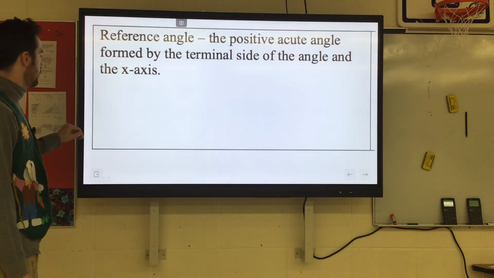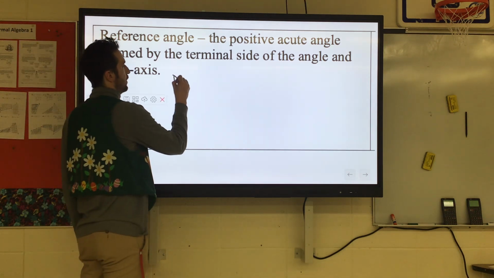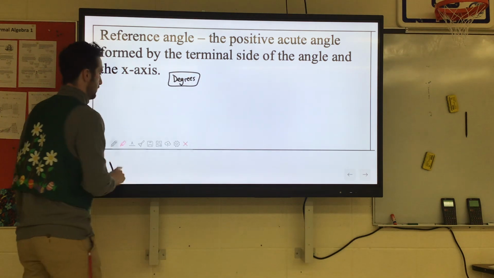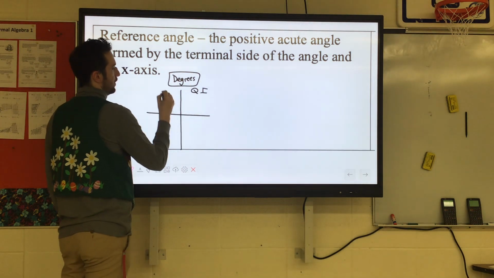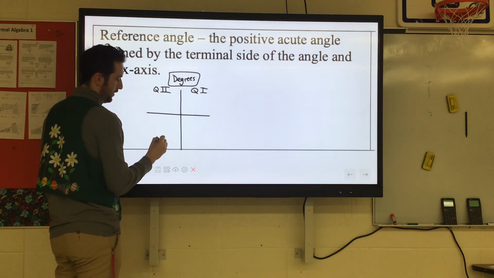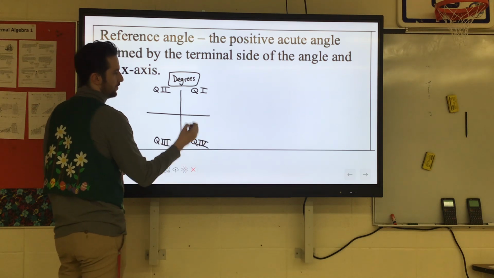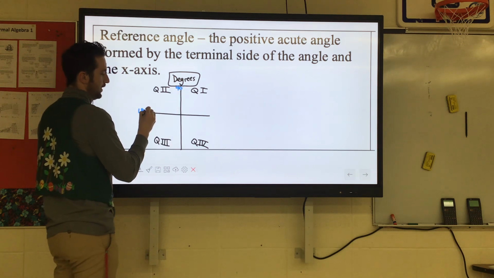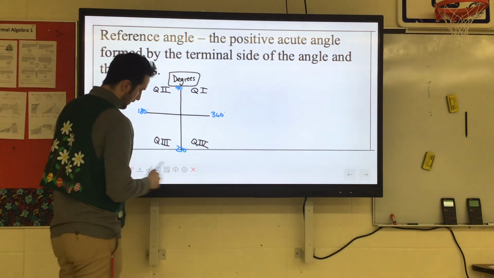So remember yesterday with the degrees, and you don't need to write this, but I'm just refreshing you. Let me just sketch up here. In degrees, our labels were 90, 180, 270, and 360, or 0.